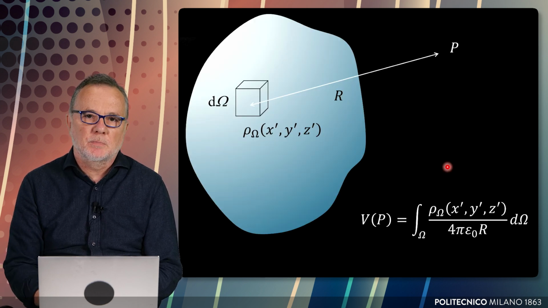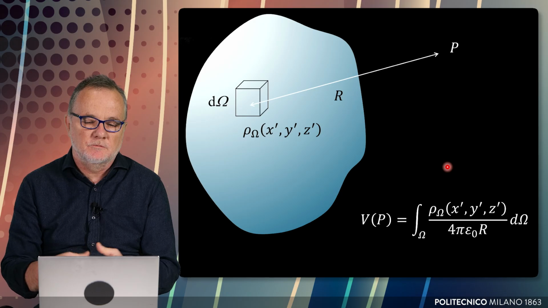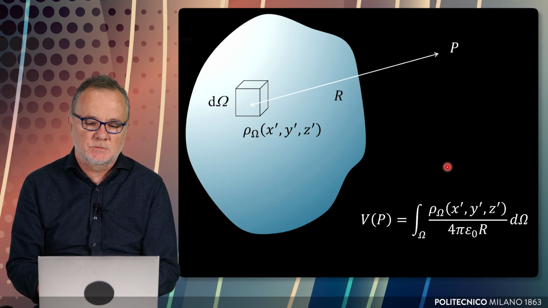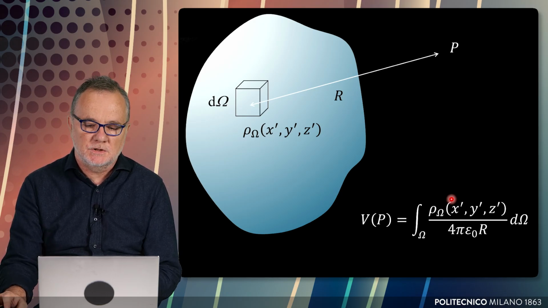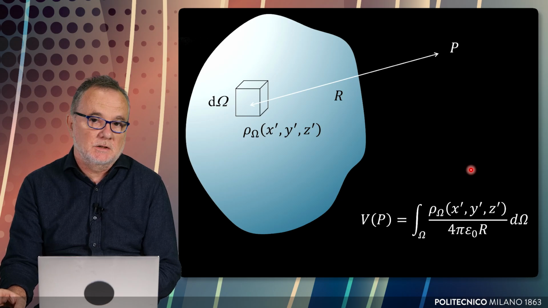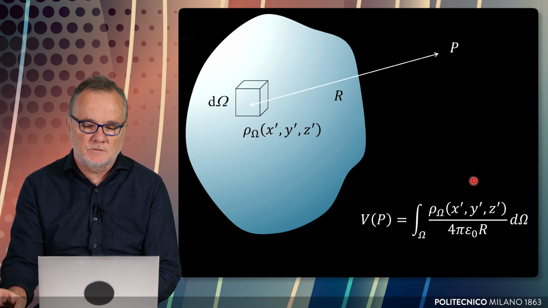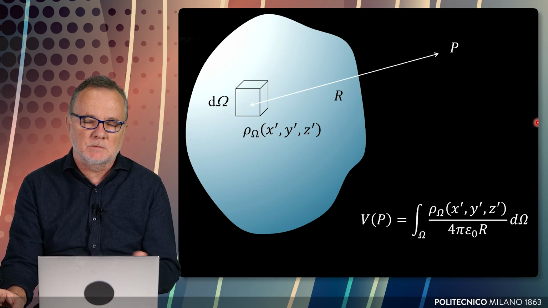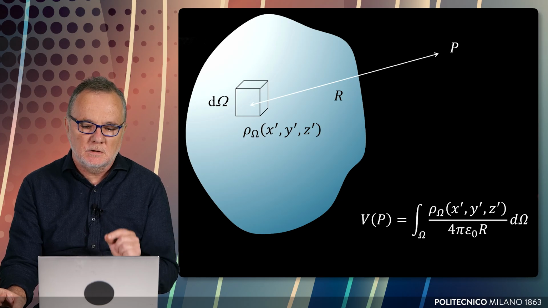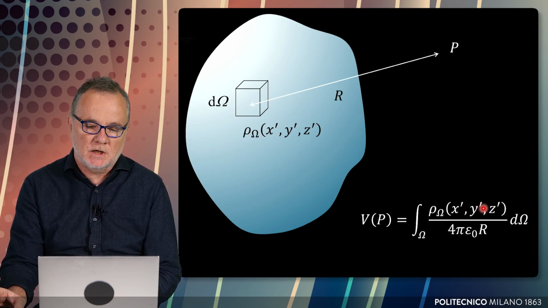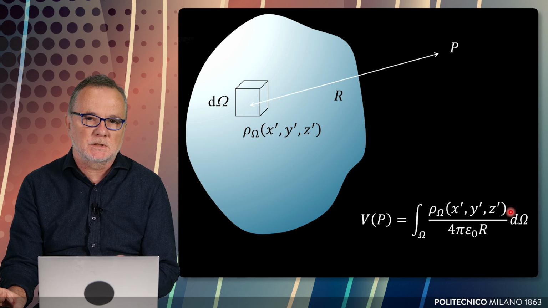If we do not have a point charge distribution, but rather a volumetric charge distribution that is deployed in space, we can also write something very similar, obtained by an integral over the full space of the charge density, rho omega, which is a function of x prime, y prime, z prime, divided by 4 pi epsilon naught r, in which r is the distance from the observation point P, which can be set anywhere, to the infinitesimal point charge rho omega times d omega that is placed at r prime, x prime, y prime, z prime.